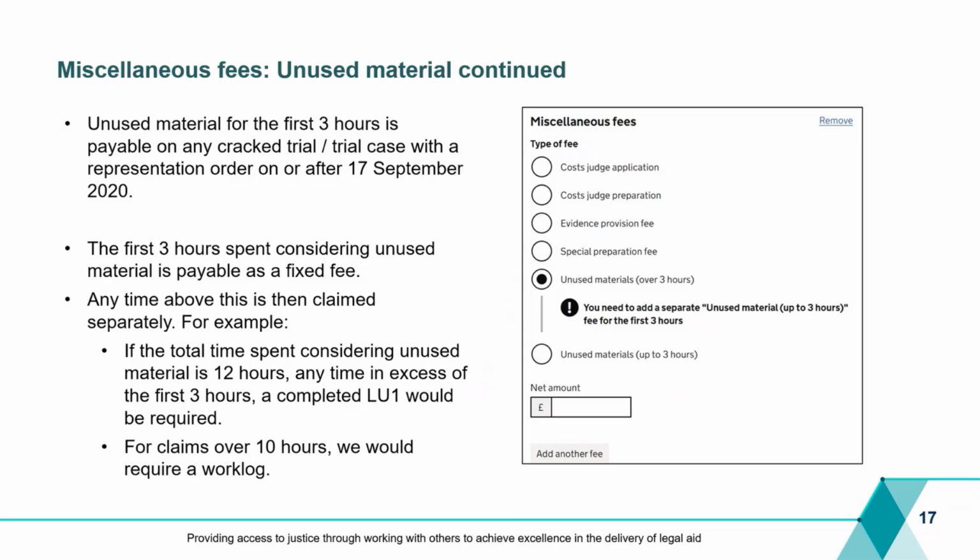The first 3 hours of time spent considering unused material is payable as a fixed fee. Any time above the first 3 hours can be claimed by submitting a completed LU1 form attached to the claim. For claims over 10 hours, we would also require a work log.